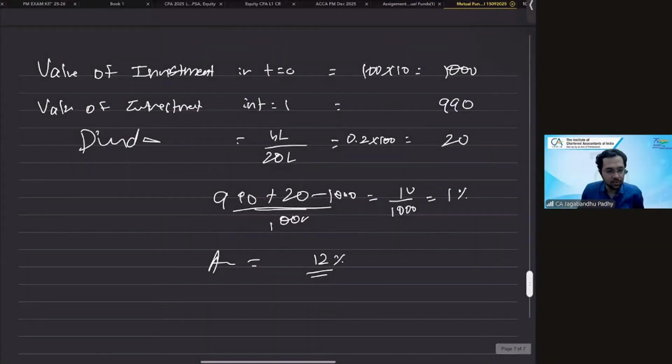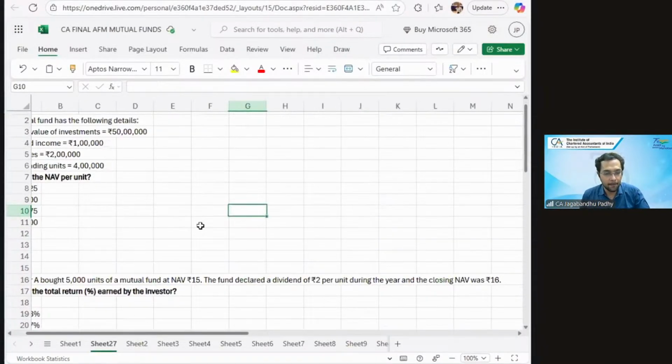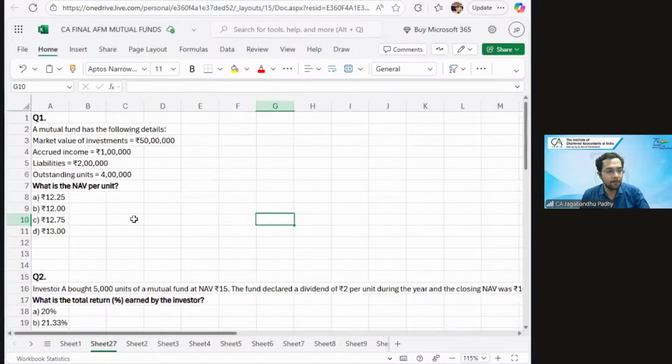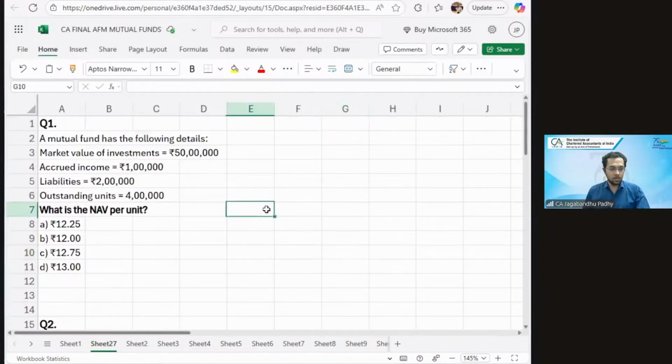Now let's go for certain MCQ questions, guys. Can you see the question?